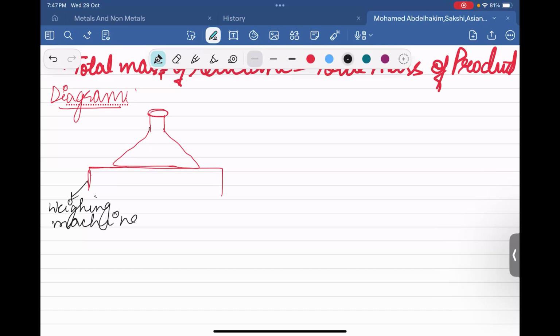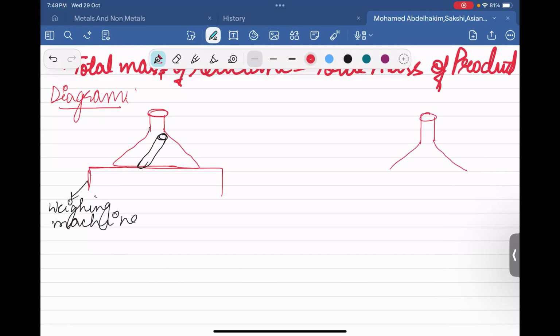This is a test tube. Inside this test tube, there is another tube like this, which is kept inside. Again, there is a same beaker.